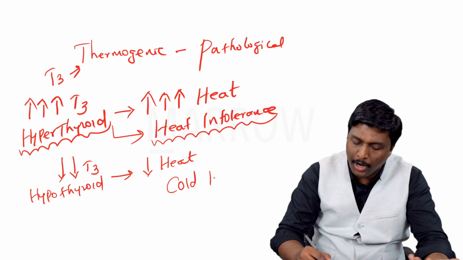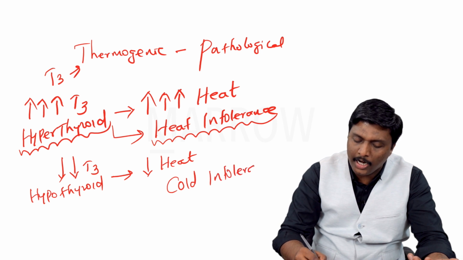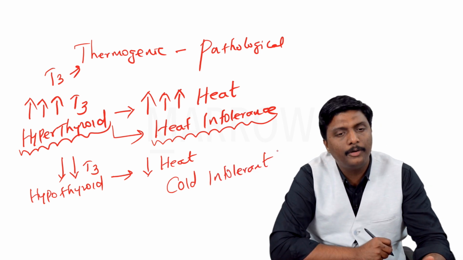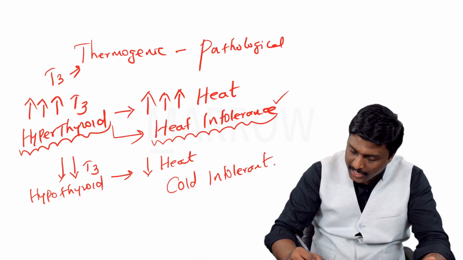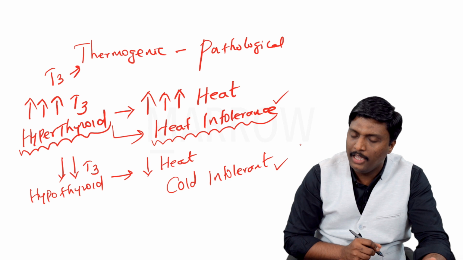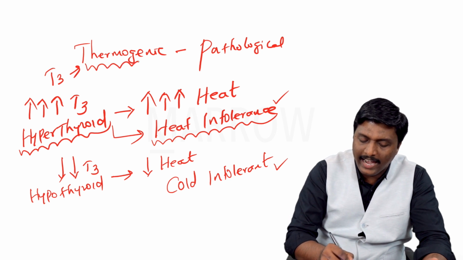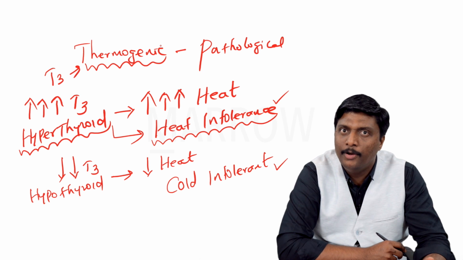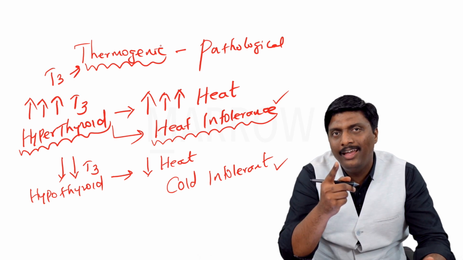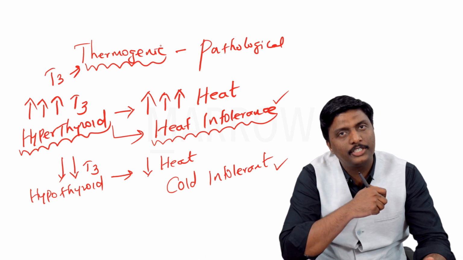Obviously, they are going to become intolerant to cold. That's all. Hyperthyroidism, heat intolerance. Hypothyroidism, cold intolerance, because of this thermogenic action of thyroid hormones. That's all, simple. Two functions over. What are the two functions? Basal metabolic rate, and uncoupling, the thermogenic action.